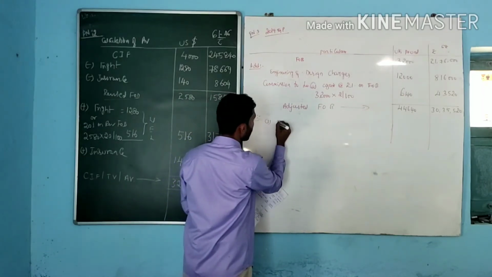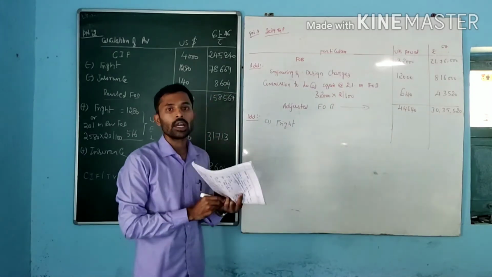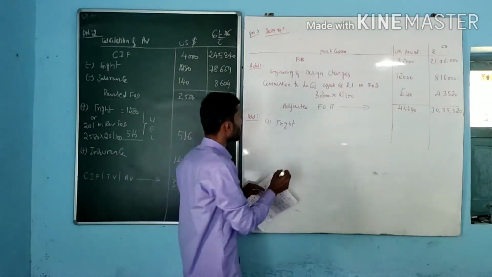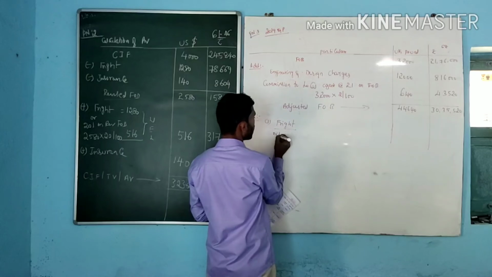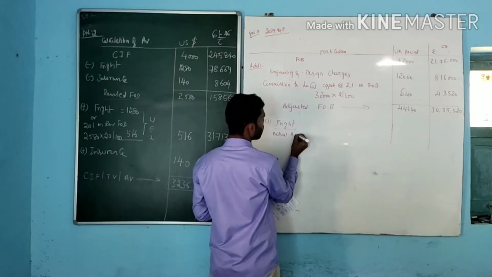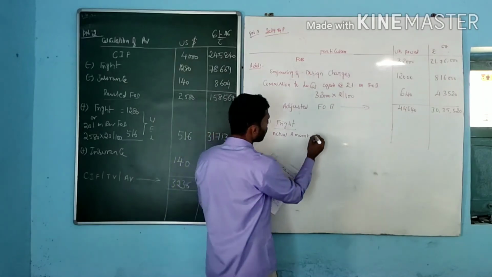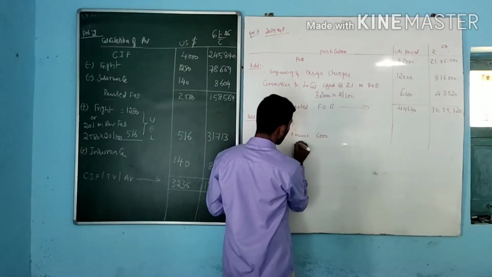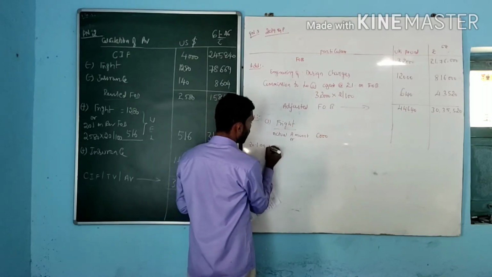first one, freight. See the problem, how they are importing the goods. It is through air, hence a calculation is required. Freight actual amount. What is the freight actual amount given in the problem? That is 6,000, or 20% on adjusted FOB.